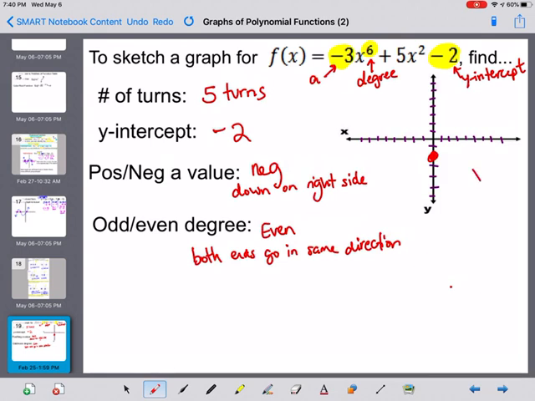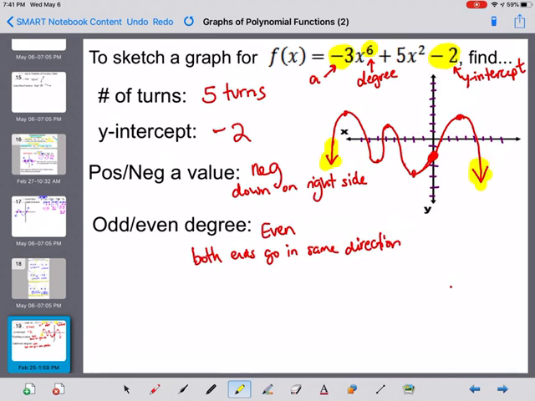So this is what's going to happen. We can do something like this. It's going to go down on the right side. So that was 1 turn right here, another turn right here, a 3rd turn right here, a 4th turn right here, and a 5th turn right here, and then it's coming down.